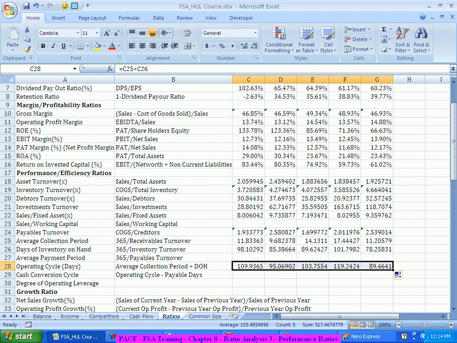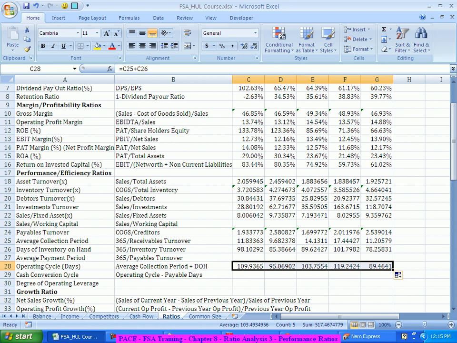So within 89 days, you are able to produce it, sell it, and collect the cash from it. On an average, it is taking around 89 days to get your cash. That is the operating cycle. So the lesser the operating cycle is, the faster you are able to collect the cash.